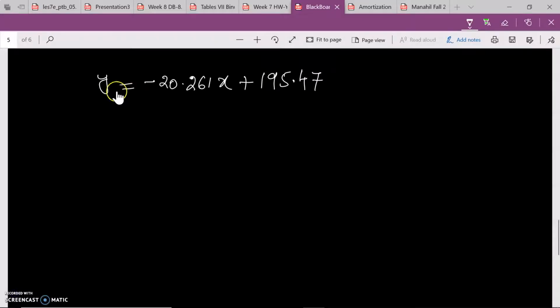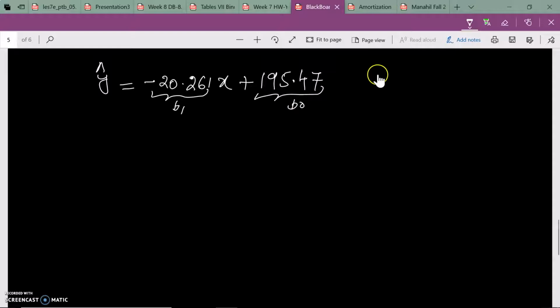Now recall, this was the equation of the regression line which we already obtained. Please allow me to put a hat on the top of that. I will explain why I'm putting a hat and what is the meaning of this hat. y hat equals minus 20.261x plus 195.47. This minus 20.261 is called the slope, the b1, and this is called the y-intercept, the b naught.